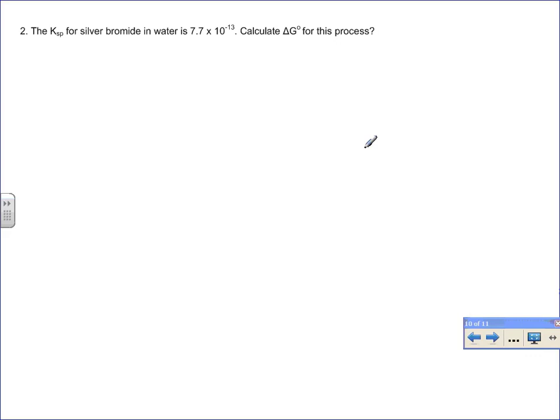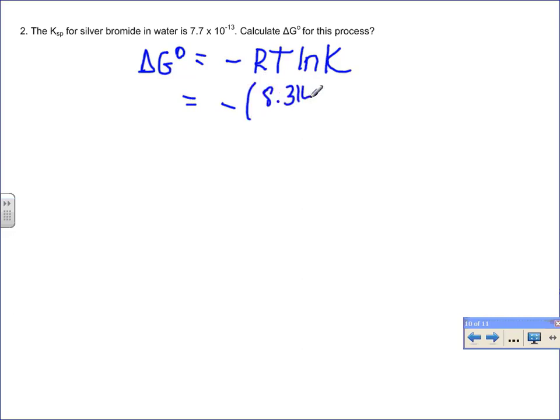In our last problem here, we're being given a KSP value, and the KSP is given for silver bromide, and it's given to have a value of 7.7 times 10 to the negative 13. And we can use that to calculate the delta G for the process, because delta G naught is equal to negative RT ln of K. Again, the R value is 8.314 divided by 1,000.